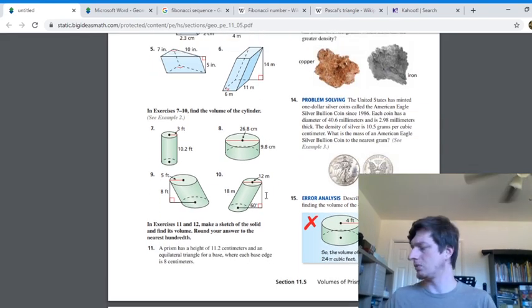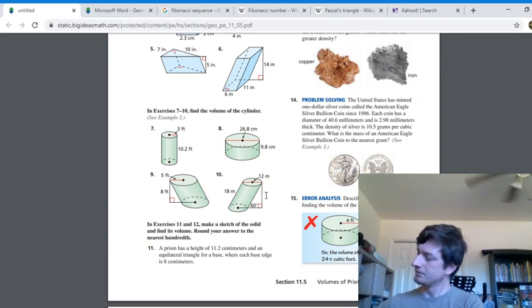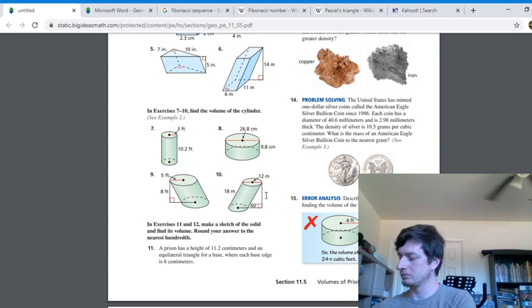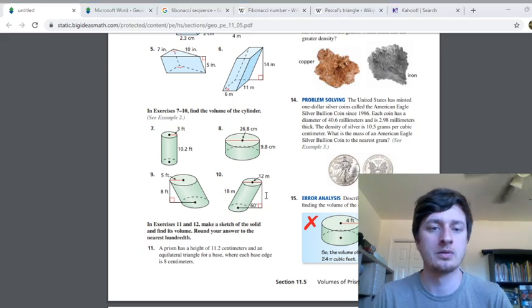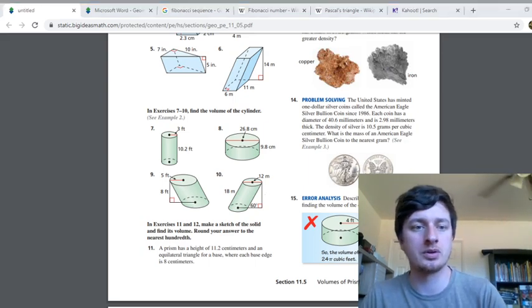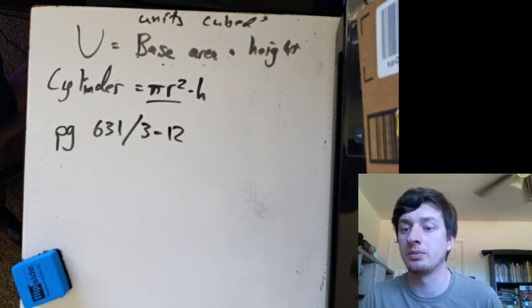So page 631. Okay, so you get something. So those are the practice. Page 631, problems 3 through 12 would be the practice.